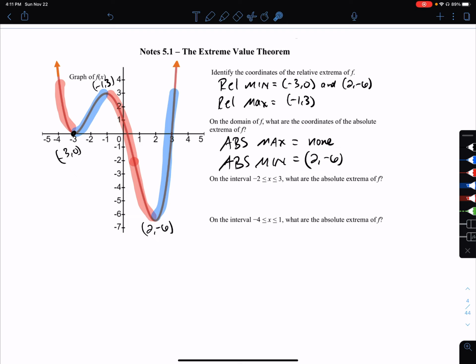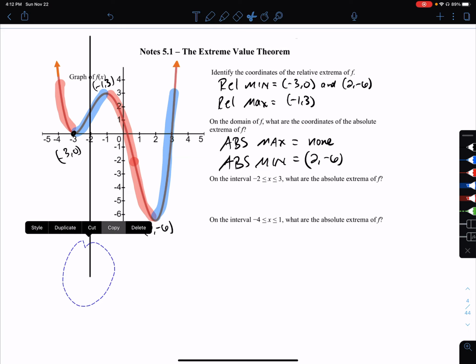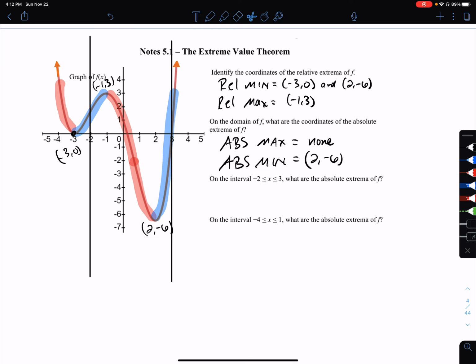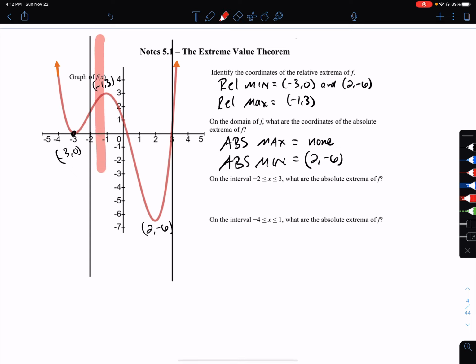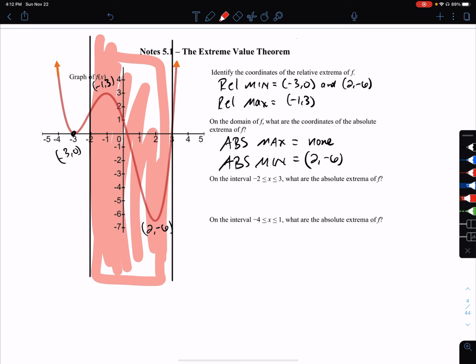On the interval, and this is interesting, on the interval from -2 to 3, what are the absolute extrema of function f? So I'm going to go, here is -2, and then here is 3. I am ignoring everything on the outside, and I am only concerned with what's happening inside of here. So the absolute extreme values, what's the lowest point on the graph?